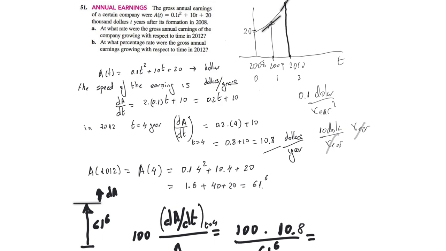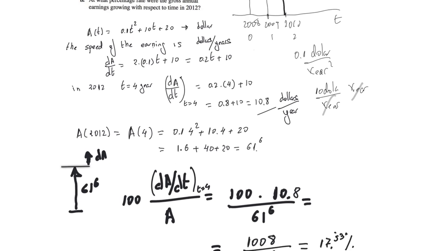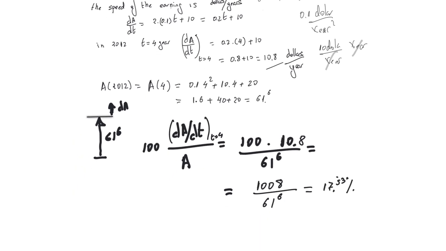But the question is not how much you are earning in 2012. The question is about the percentage, and if you have seen my video about percentage, the percentage of the rate of change.